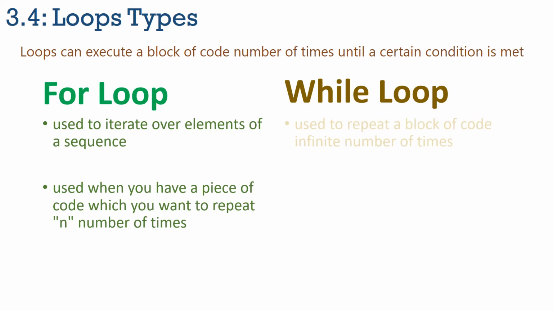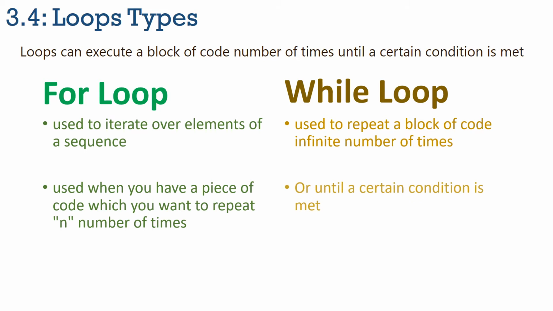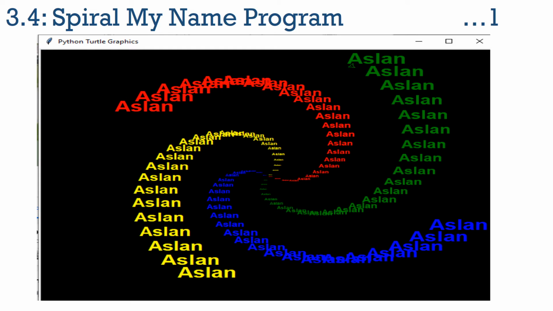A while loop is used to repeat a block of code an infinite number of times or until a certain condition is met. Now, together, we will write a program that will capture your name and then draw it in a spiral.